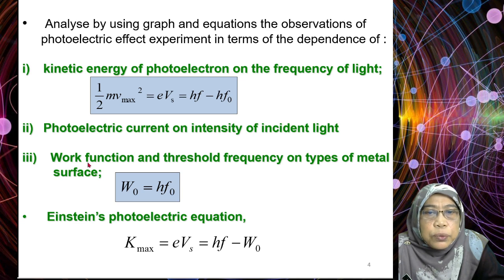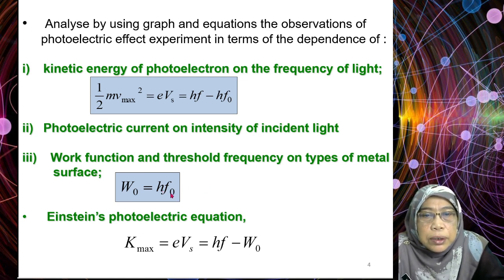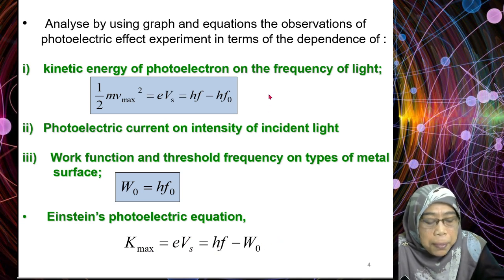And the third one is the work function and threshold frequency on types of surface, whereby work function equals hf0. Threshold frequency times the Planck constant equals the work function. And we use the Einstein photoelectric equation for kinetic energy maximum. K maximum stands for kinetic energy maximum. So it is equal to the electron charge e times the stopping potential, or equal to hf minus W0.